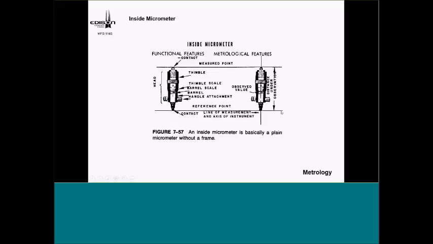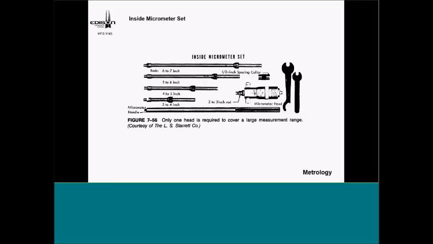I also tell them, especially at any time that I put an inside micrometer together, you always want to check the calibration with an outside micrometer. And we have different rods, and I show them how to change those. Read it the same.